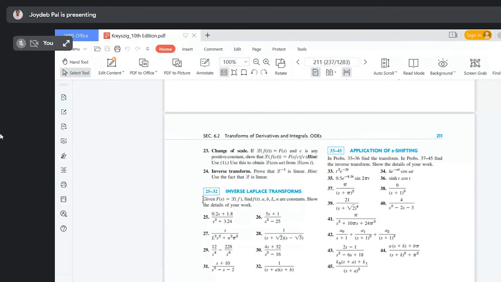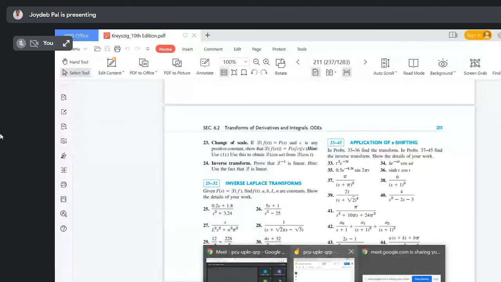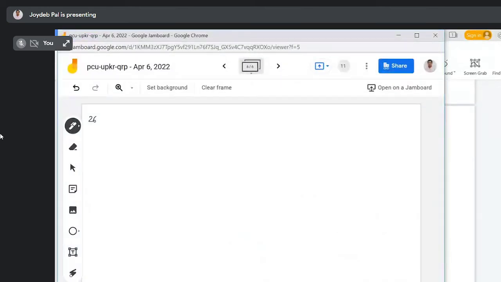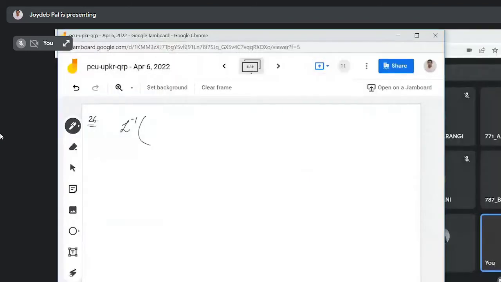So here from 25 to 32 or 33 to 45, we can solve some problems. Tell me which problem. So first of all, I am showing problem number 26. Simple type of problem. Laplace inverse of (5s plus 1) divided by (s square minus 25).